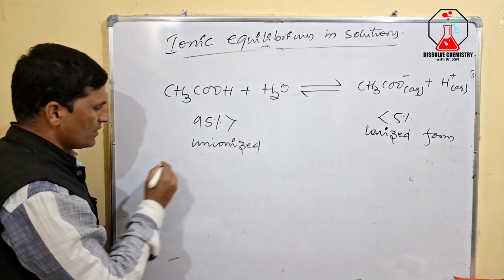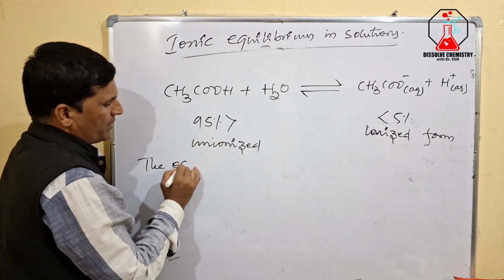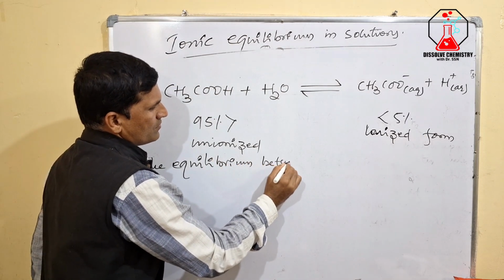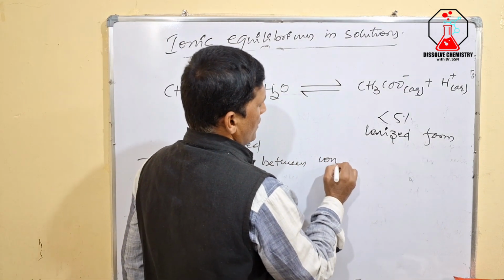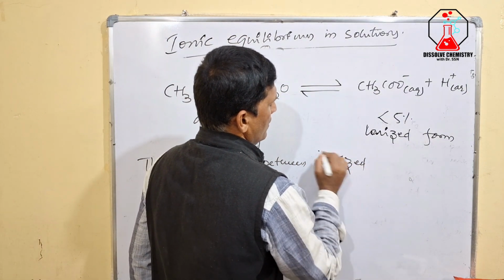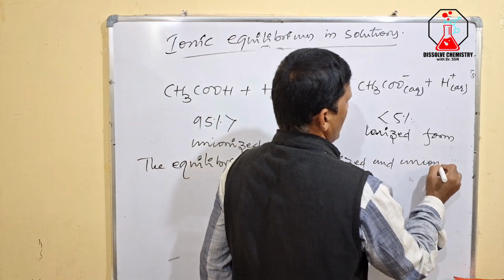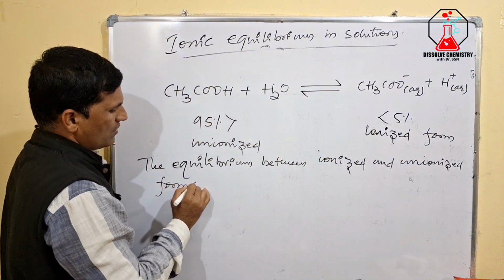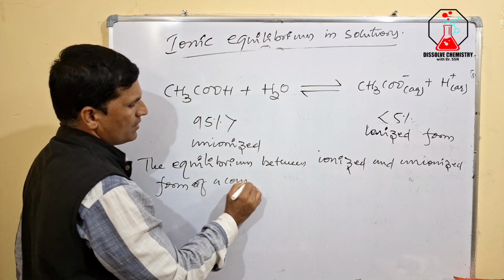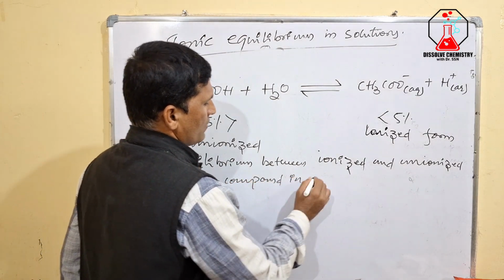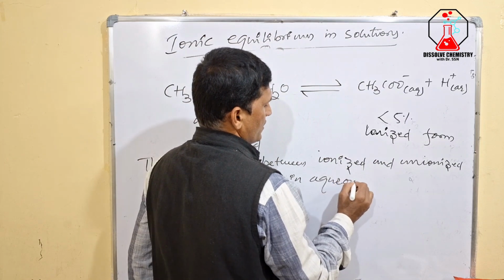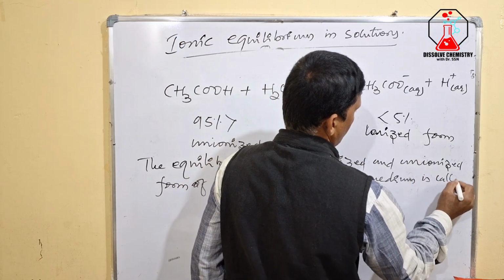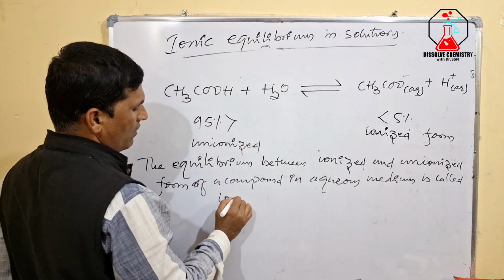Let us define this one. The equilibrium between ionized and unionized form of a compound in aqueous medium is called ionic equilibrium.